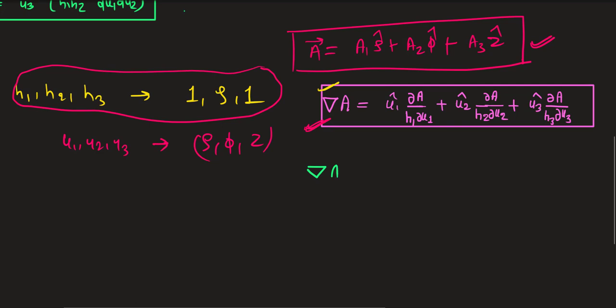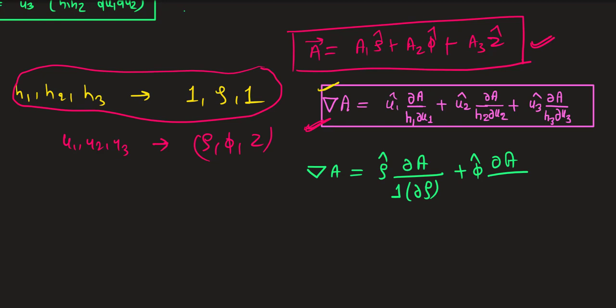For the gradient in the cylindrical coordinate system, u1 would simply be rho cap, and del A divided by h1, which is 1, and del u1 would simply be del rho, plus u2 would be phi cap, and del A divided by h2, which is rho, and del u2 means del phi, plus u3 cap means z cap, and del A divided by h3, which is 1, and del u3 would be del z.